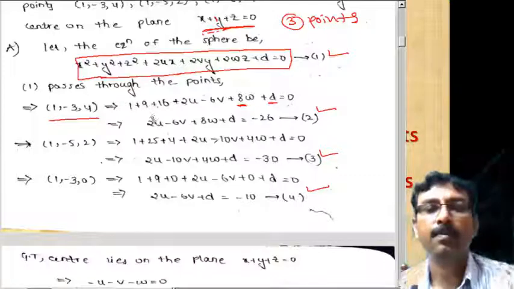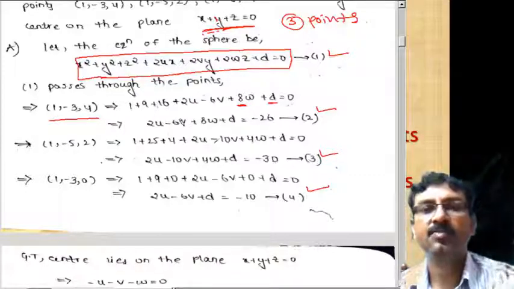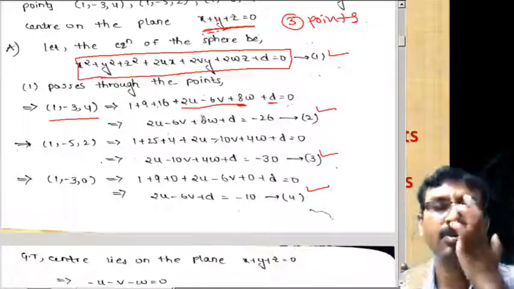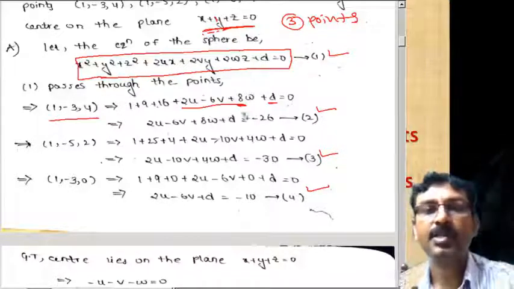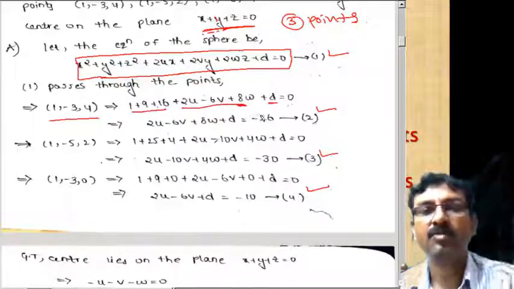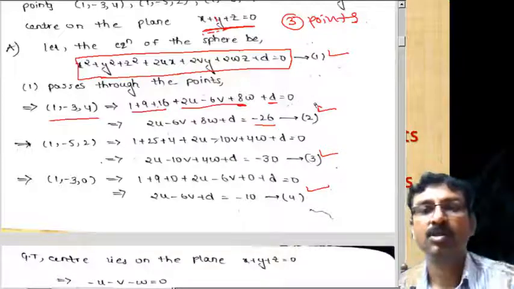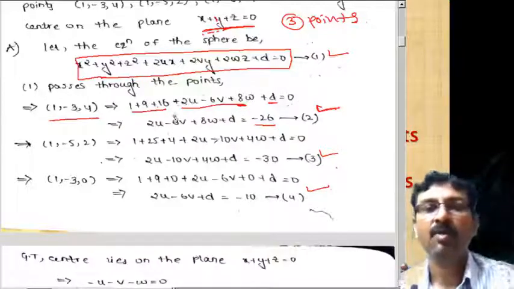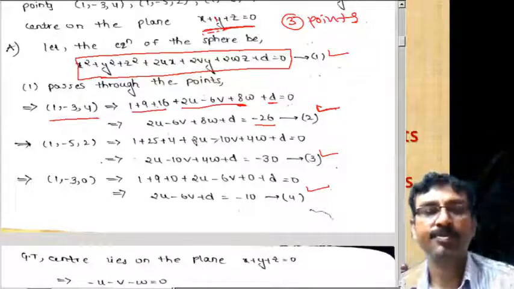On simplification, 2u minus 6v plus 8w plus d, and the constants are 1 plus 9 is 10 plus 16 is 26, and shifting to the right side we have minus 26. 2u minus 6v plus 8w plus d equal to minus 26. This is the equation having u, v, w and d as variables.